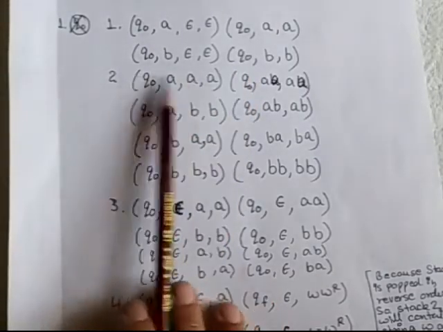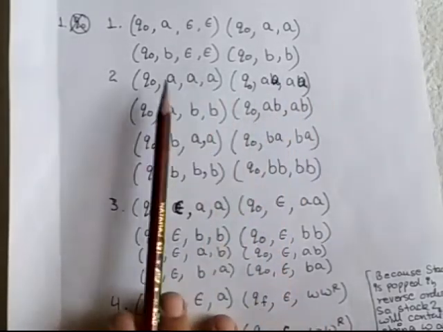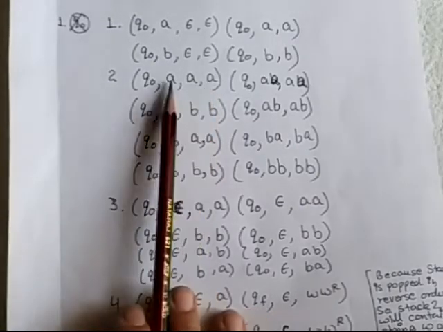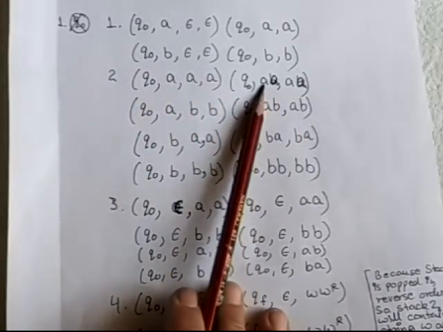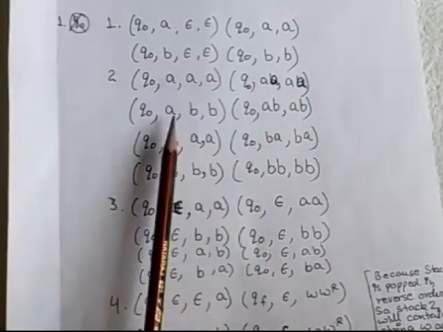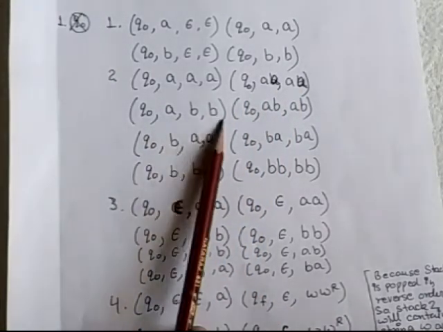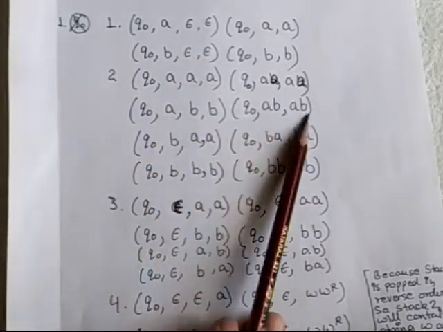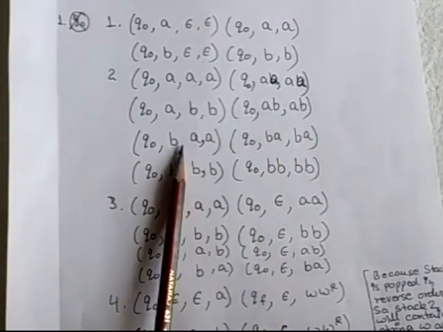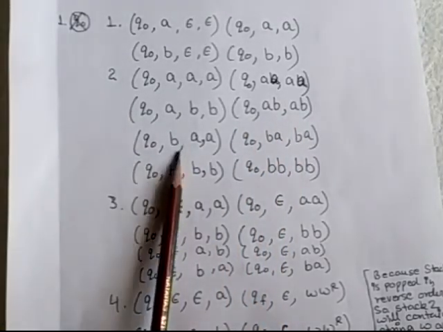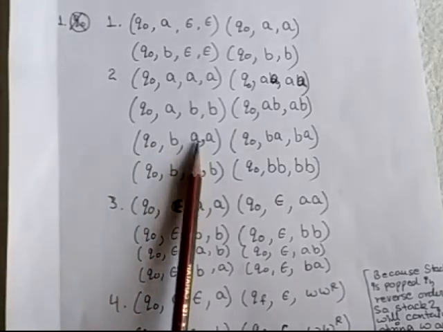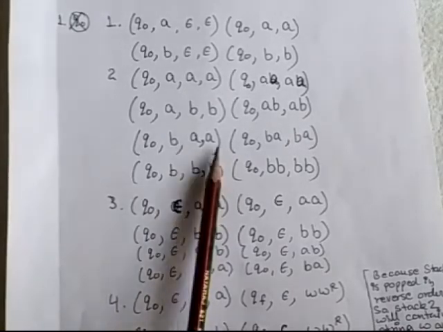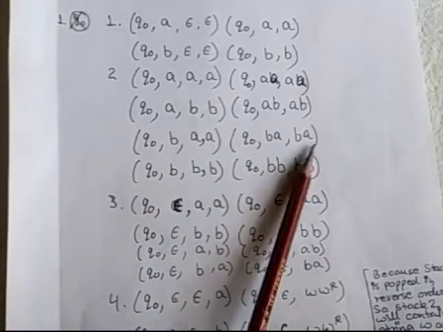Okay, so let's see all the cases one by one. We are reading symbol A and the contents of both these stacks are A. Then we push A onto stack 1 and stack 2. We are reading A but the contents of both these stacks are B. Then we push this A on both the stacks. Now it may be the scenario that we are reading the next symbol B, but the tops of both these stacks are A. Then we push it onto both these stacks.